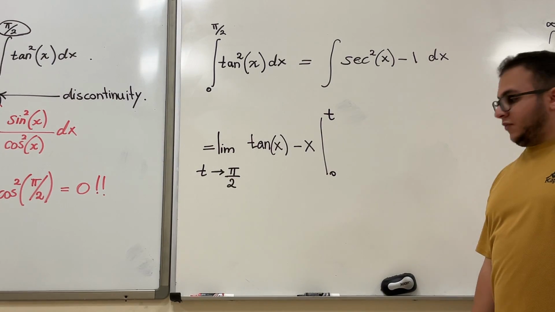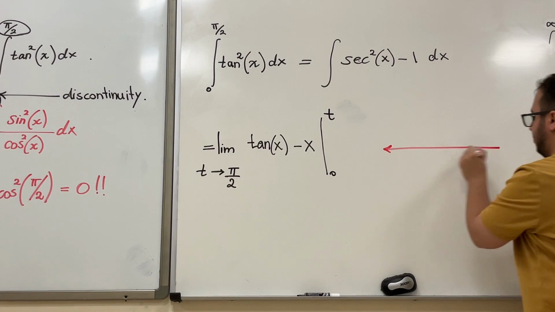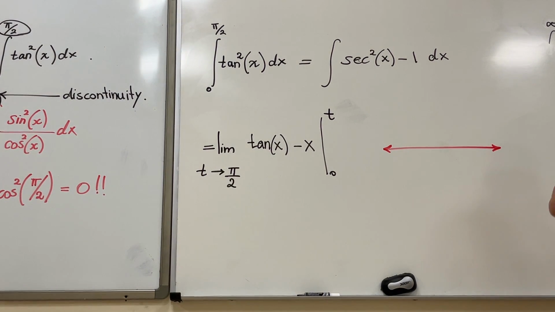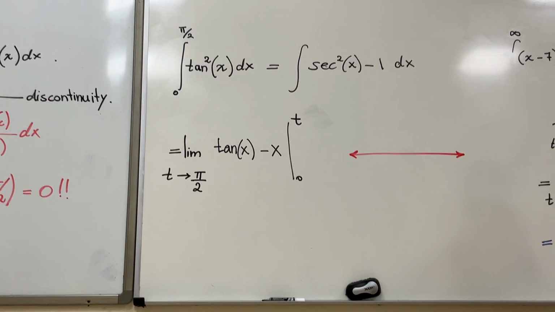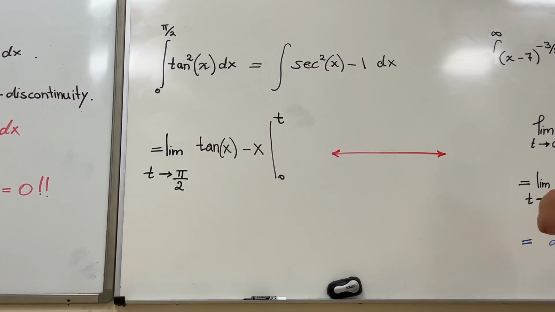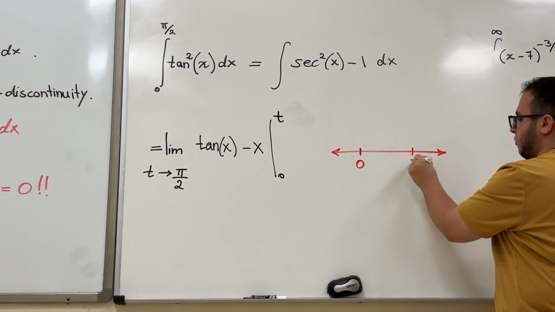Why? Because in limits, I have to pick whether it's from the right or the left. Why is it from the left? Look at my interval, 0 to pi over 2. Kindergarten math.